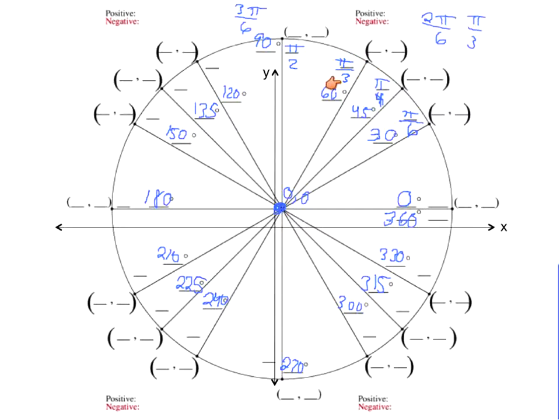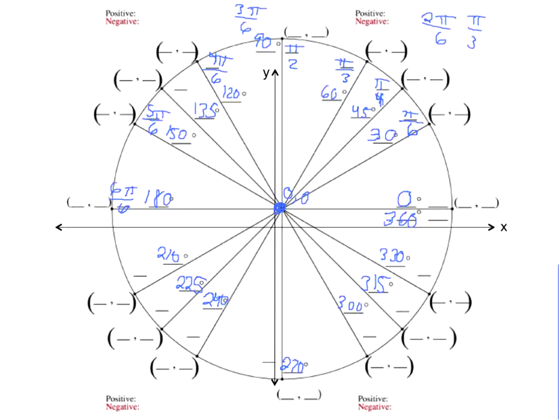Pi over 6, 2 pi over 6, 3 pi over 6. Guess what this next one's going to be? 4 pi over 6. What's my next 30-degree mark going to be? 5 pi over 6. My next is going to be 6 pi over 6.